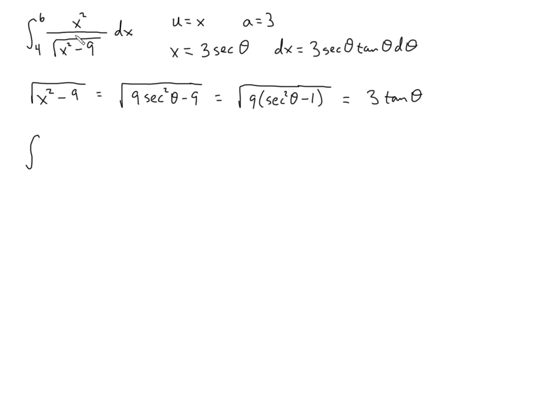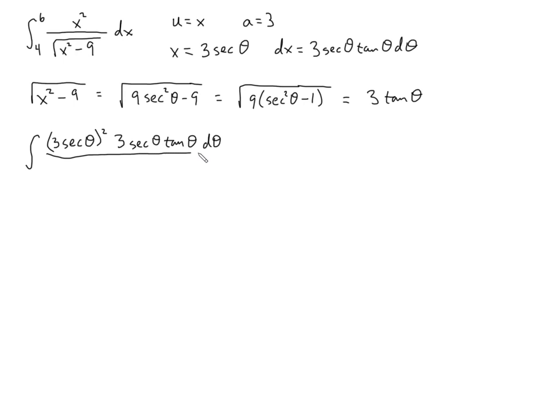So the x we said was 3 secant theta. That's squared, so we've got to square the whole thing. We'll get 3 secant theta squared. The dx, let's put that in the numerator as well. 3 secant theta tangent theta d theta.